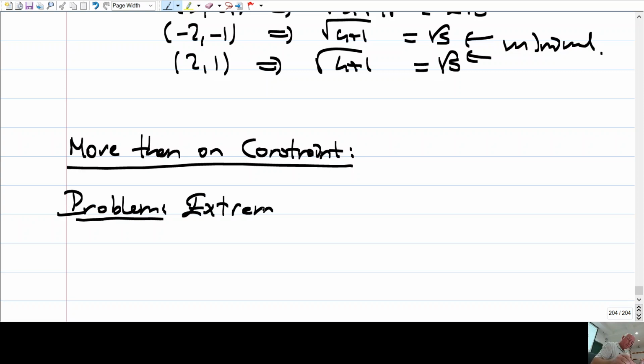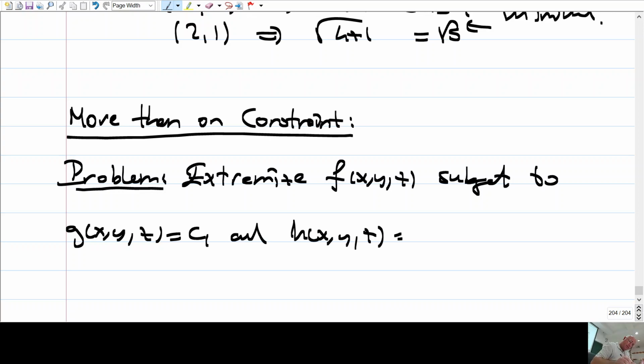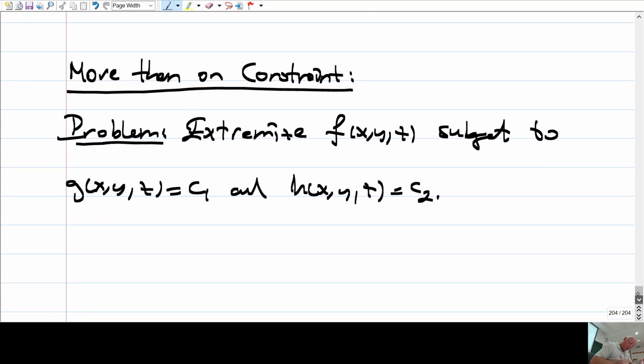Extremize f of x, y, z subject to two conditions like g of x, y, z equals c1 and h of x, y, z equals c2.